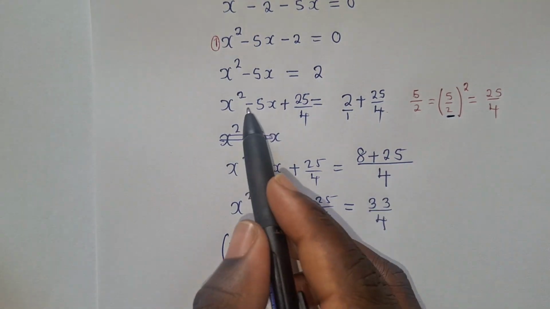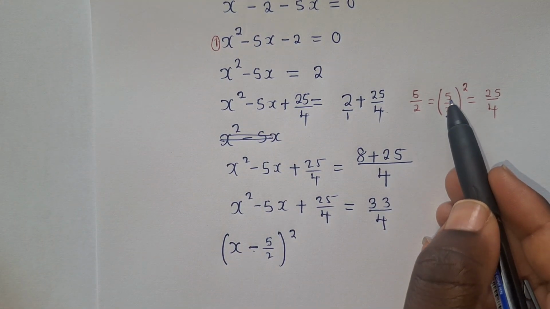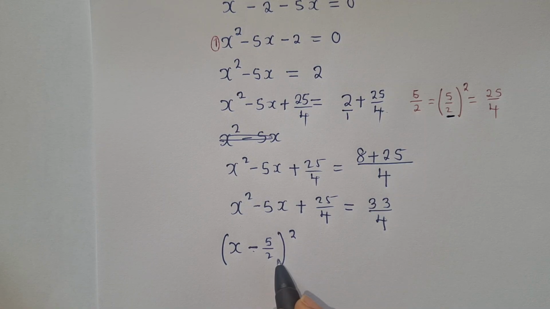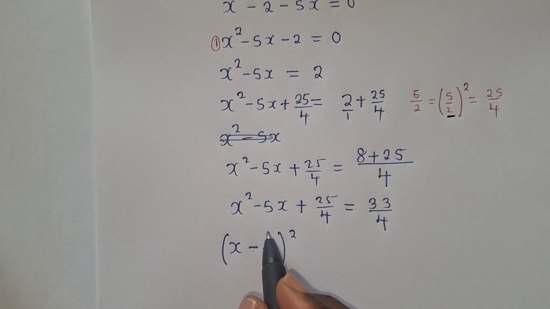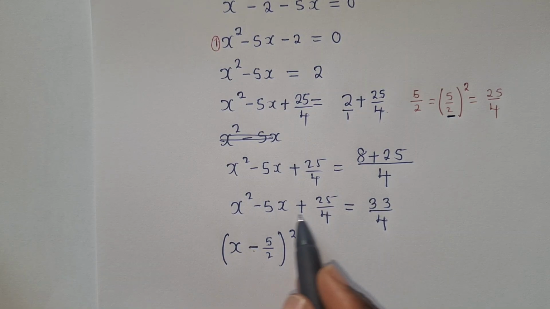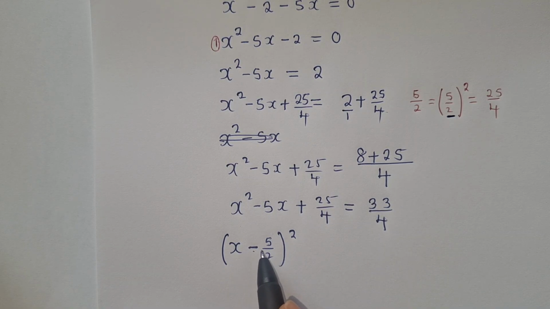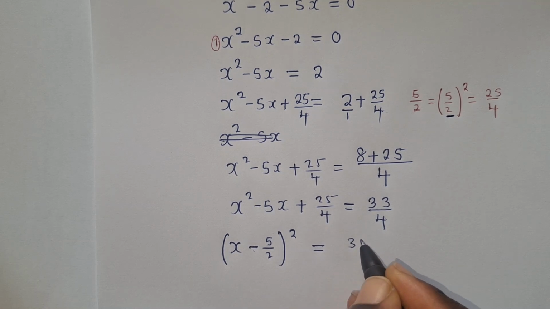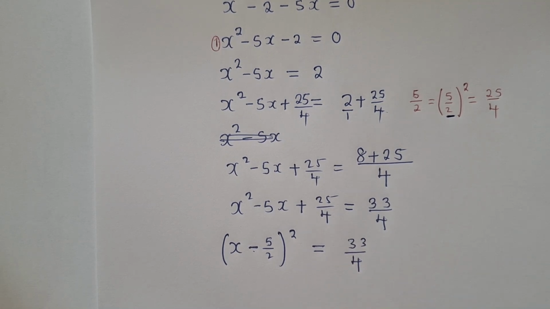So it was this. So get the sign minus, and then this you write it here. You introduce a power 2. So if I simplify this perfect square, I'm going to get what I have here. So if you multiply this by itself, it will give you this. So equal to 33 over 4.